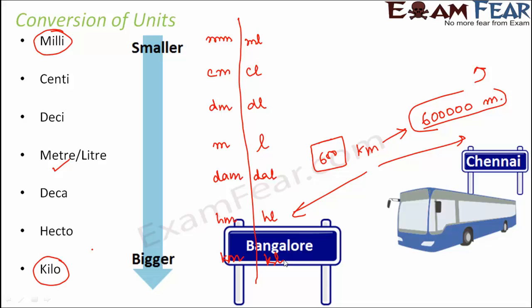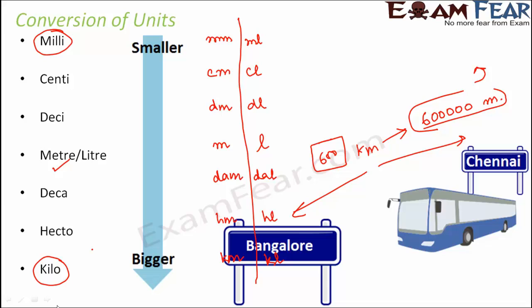Now, even before conversion, you might ask how am I going to remember so many units: milli, centi, deci, deca, hecto, kilo? Now it is not only important to remember the names, it is also important to remember the order, because this order is very crucial. If you remember the order, you will be very easily able to convert from one unit to another.